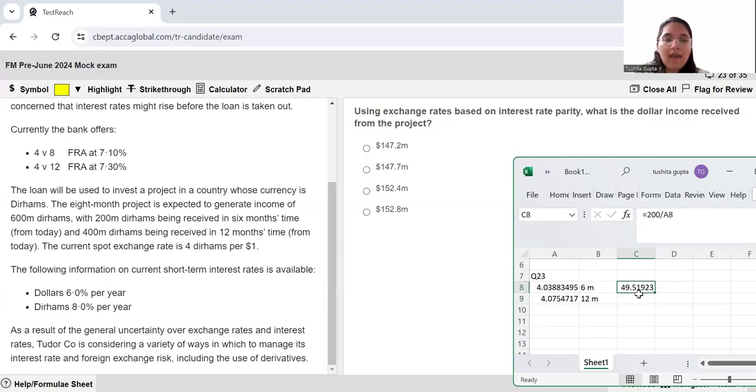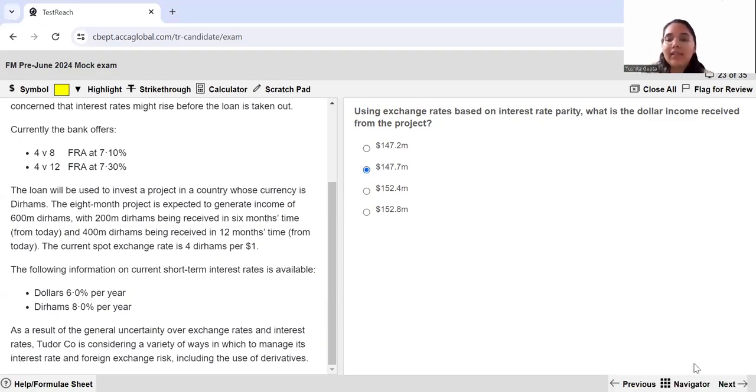This is the receipt that I'm going to have 6 months from now, and 12 months from now, I have 400 million dirhams divided by this value. So I will have 98. If I just add both of these values, I will have my total expected dollar receipt. So my final answer is $147.7 million.